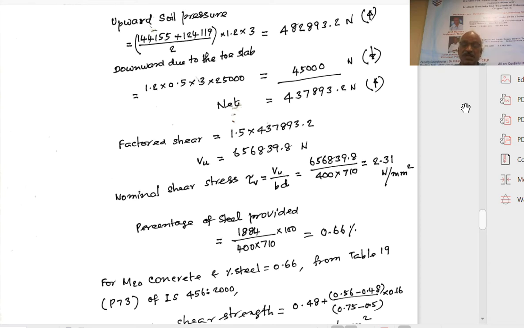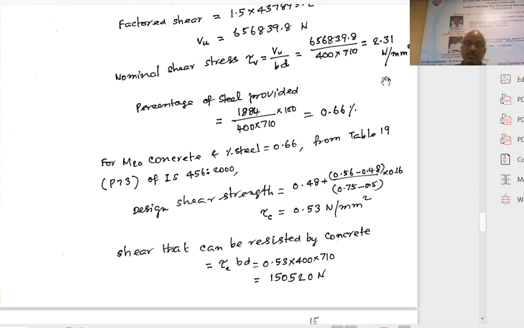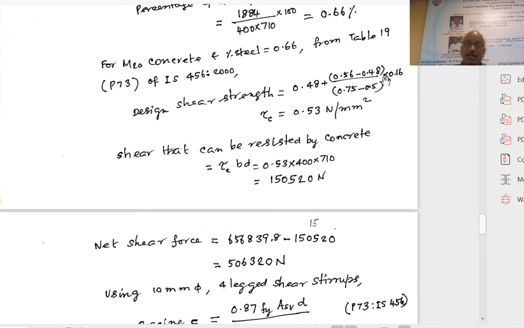That is the percentage of steel. So between percentage of steel and the grade of concrete, table 19 gives you the allowable shear stress.